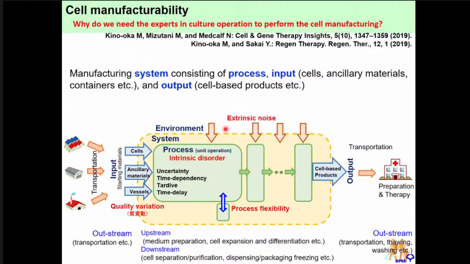But in our case, our cell production, we also have to consider the intrinsic disorder. You know, the cells, I like cells, but very mysterious. We don't know the cells. That means the uncertainty. Cell quality easy to change, and also that we don't know the cell component.